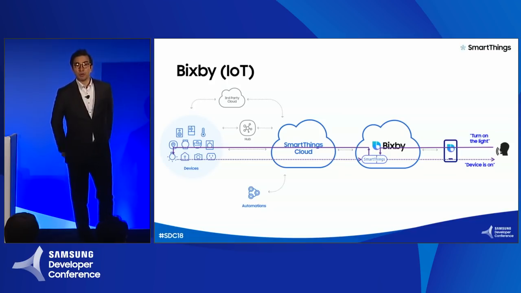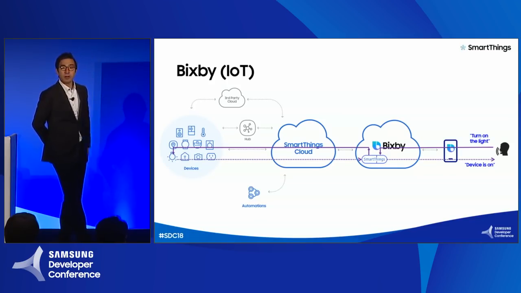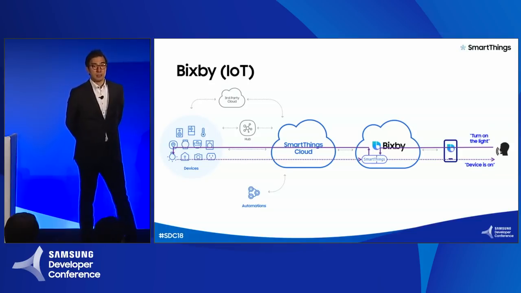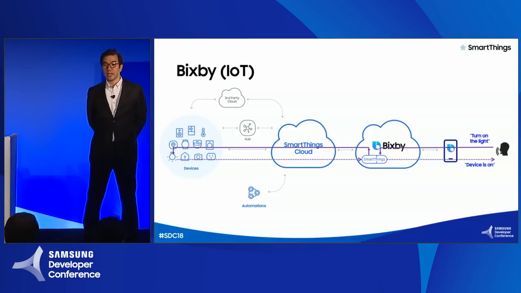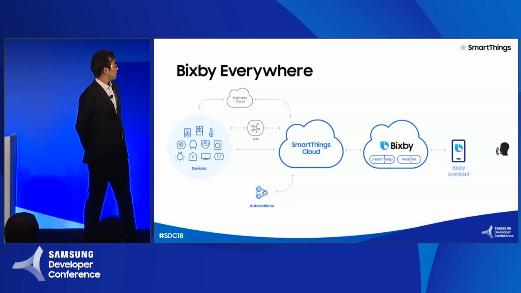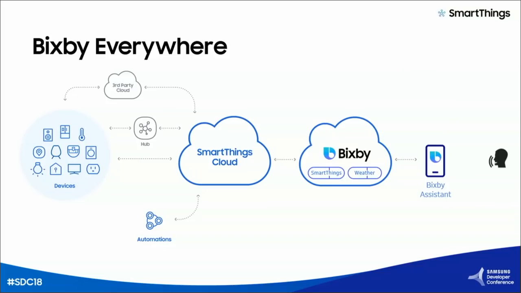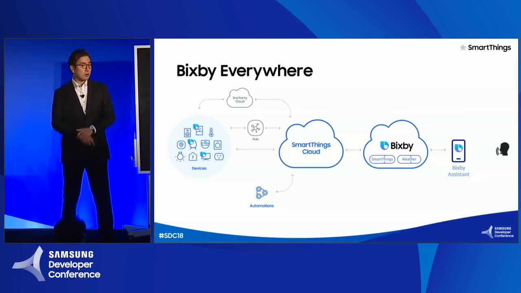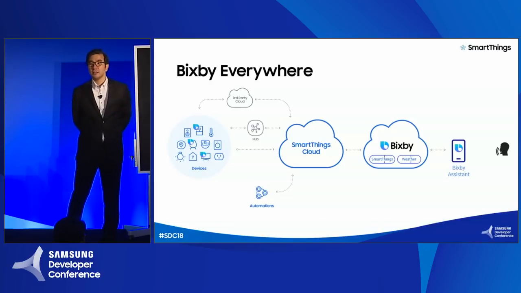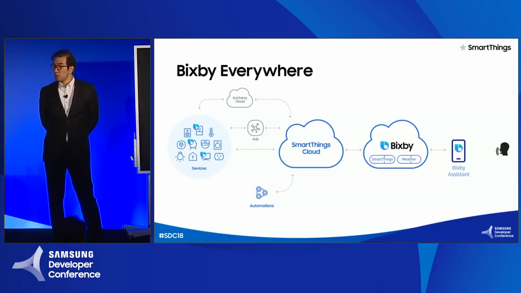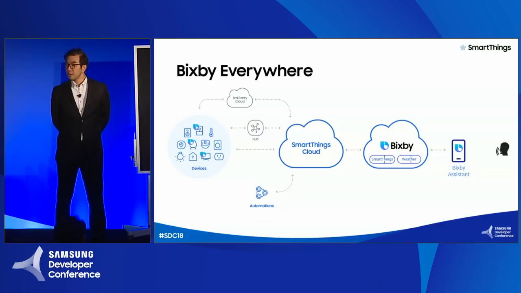So in these examples, I only showed the mobile phone as a Bixby Assistant, but it's not restricted to that. Some of the IoT devices connected to SmartThings can also work as a Bixby Assistant. Meaning, the Galaxy Home speaker, which you can see in the middle on your left-hand side, is also an IoT speaker working with SmartThings.